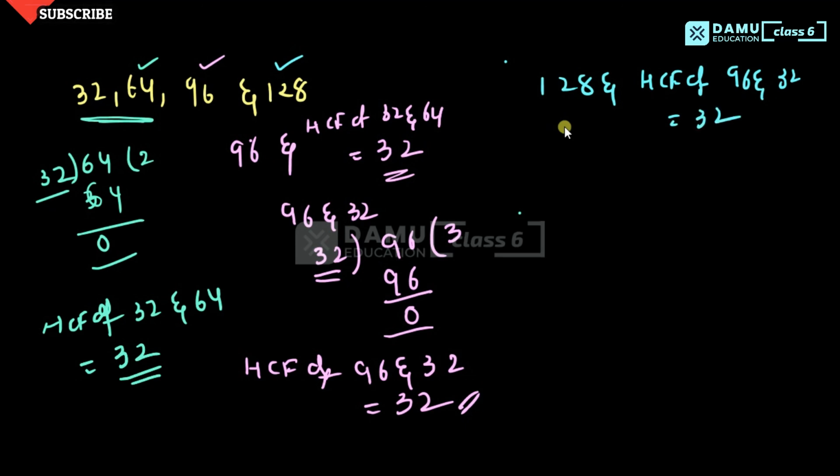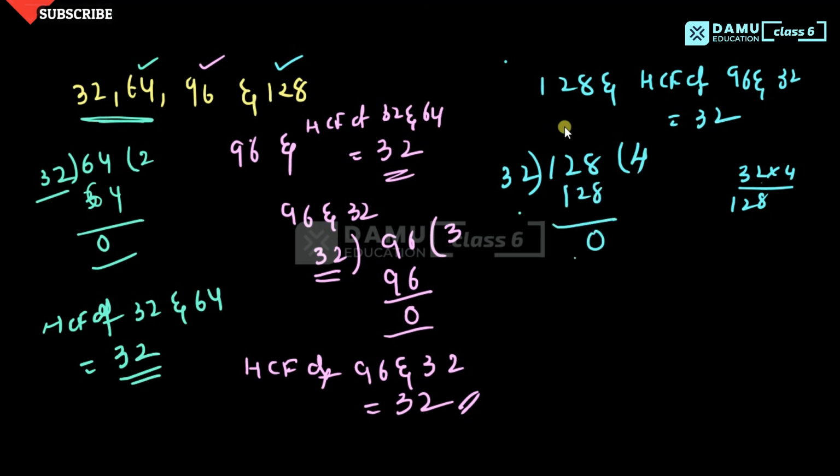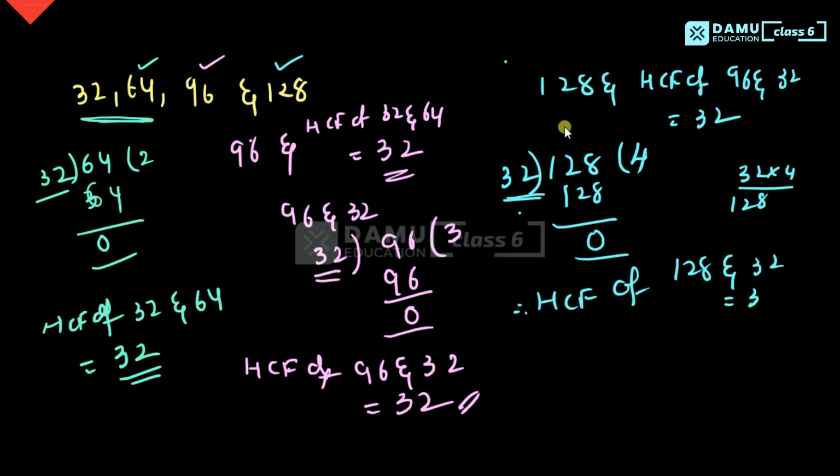So let's take 128 divided by 32. 32 ones are 32, 32 fours are 128. Here we are getting 0 remainder, where the divisor will be the HCF value. Then HCF of 128 and 32, the highest common factor, is 32.